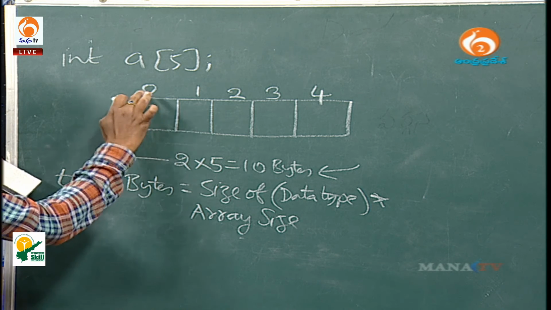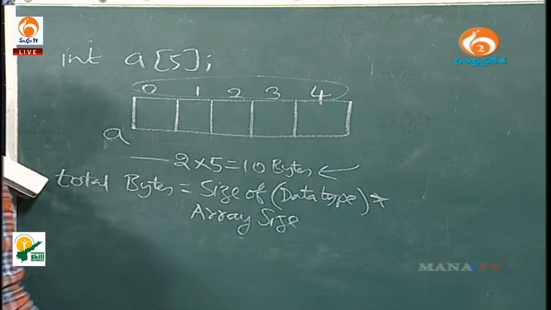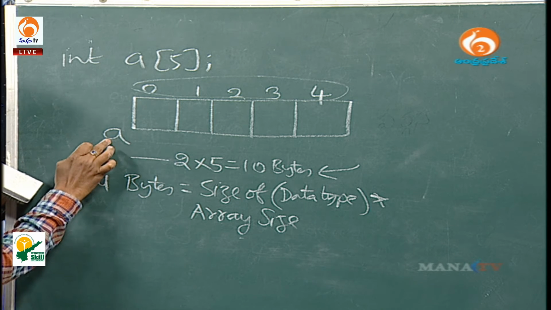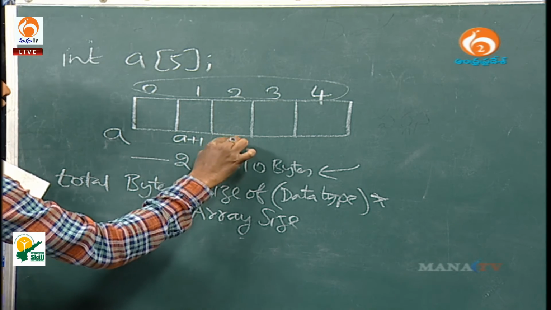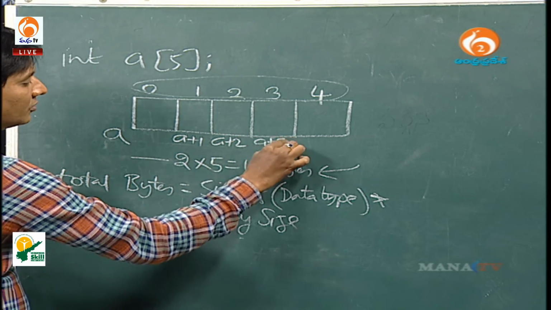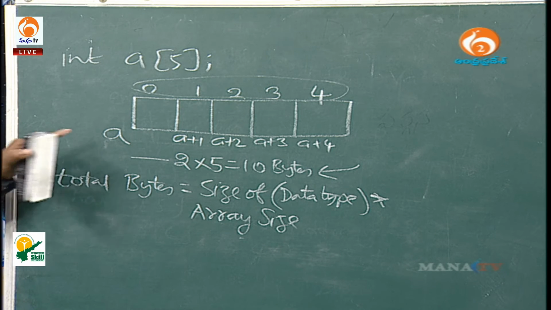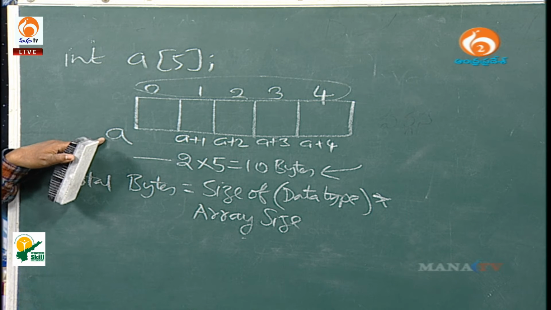Here these are called indexes. This is called the address. The next address is A+1, then A+2, A+3, A+4. An array's starting address is called the base address.